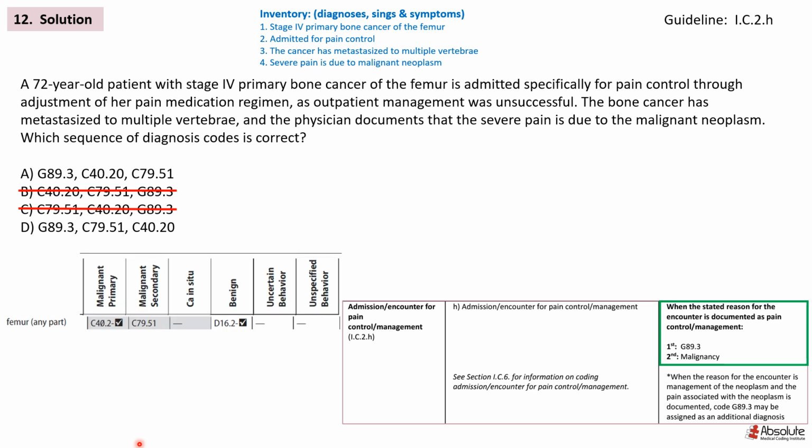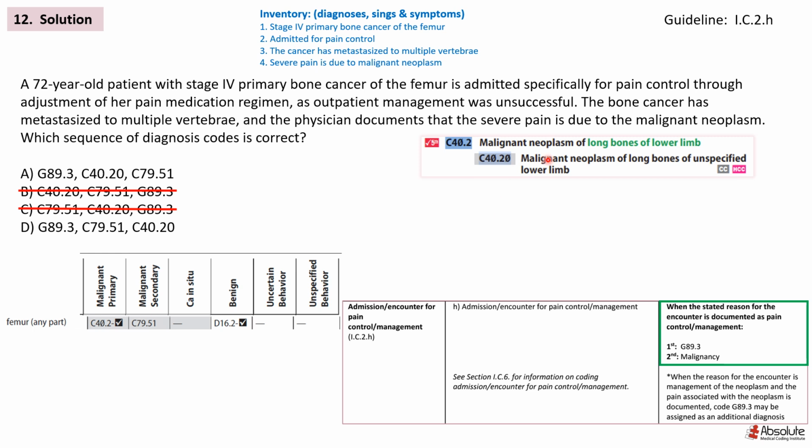If you go to your neoplasm table and look at bone, and then go down to femur, you'll see right here it'll tell you if you have primary or secondary in situ and what codes are appropriate for this one. We have the primary bone cancer of the femur, so we are going to go with C40.2, which is right here. C40.20, malignant neoplasm of long bones of unspecified lower limb.